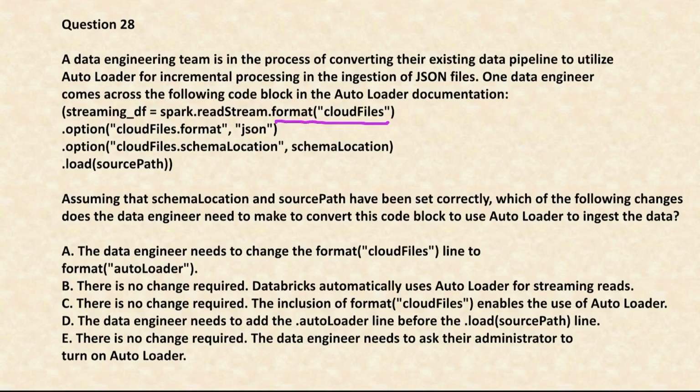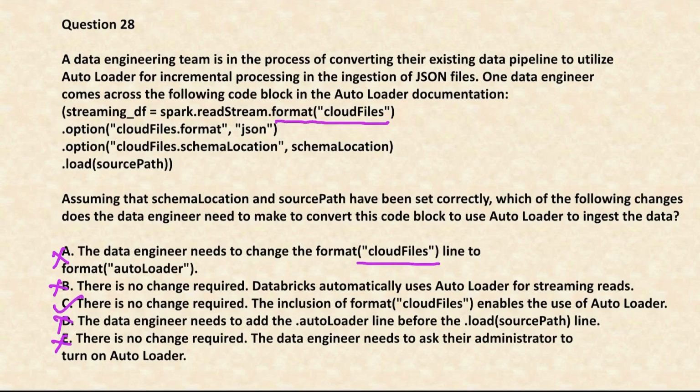It's not required, because cloud files means it is enabling the autoloader. Then there's no change required. Databricks automatically uses autoloader for streaming reads, which is not correct, because if you don't mention cloud files, it will not detect that it is an autoloader. So no change is required, but the inclusion of the format cloud files enables the use of autoloader. This is correct.